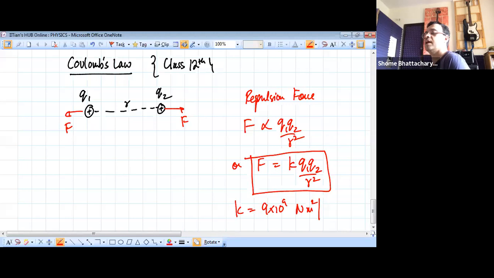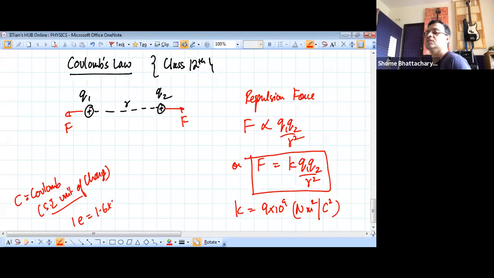approximately 9 into 10 raised to 9 Newton meter square per Coulomb square. C over here stands for Coulomb, which is the SI unit of charge. For example, you know that one electronic charge is 1.6 into 10 raised to minus 19 coulombs.